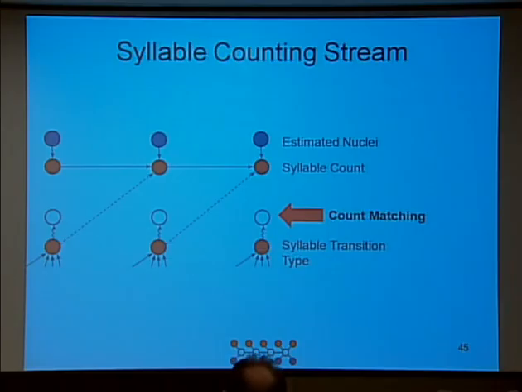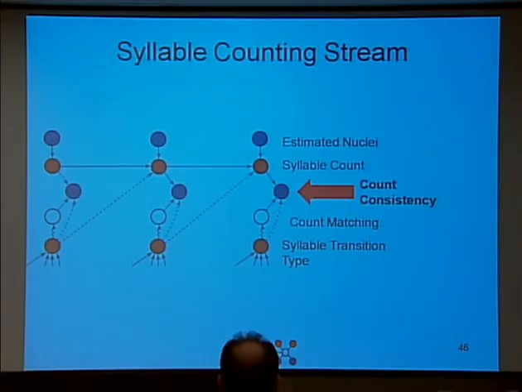This variable is called count matching. It models the distribution of detected syllables given the expected number of syllables. For example, in speech, we expect there to be 1 detection per syllable, and then what we see is a high probability, about 62%, of actually seeing that detection, and then a lower probability for 0 or 2, and an even lower probability for 3 or more detections, and similar things for the silence regions.